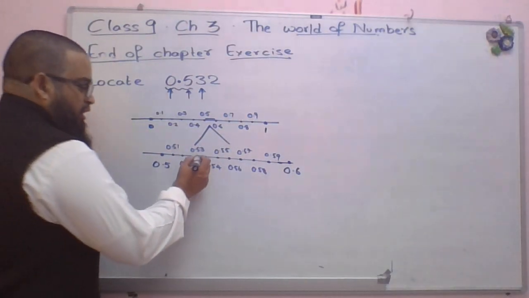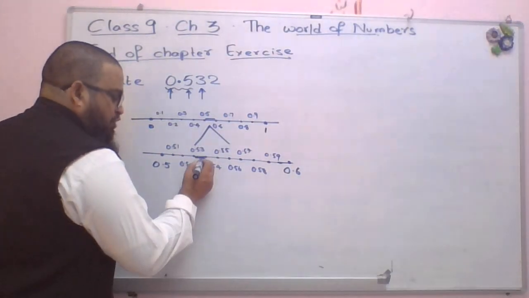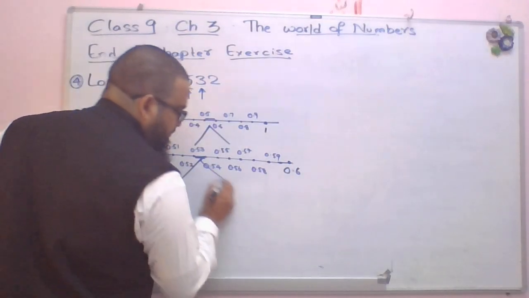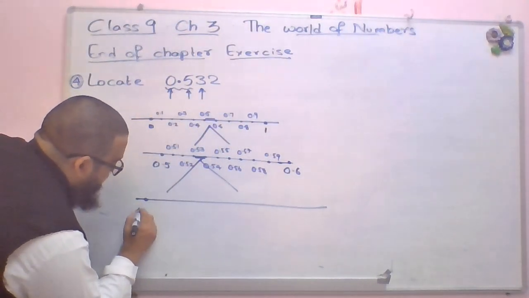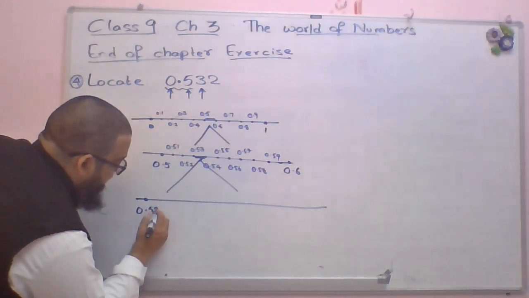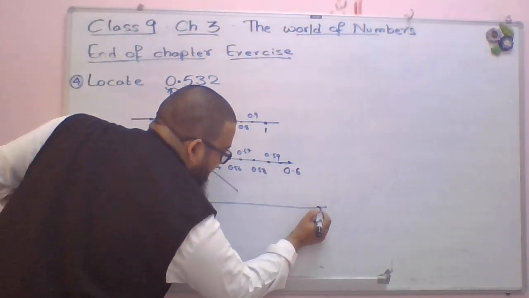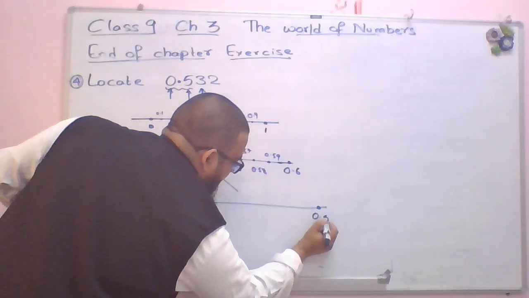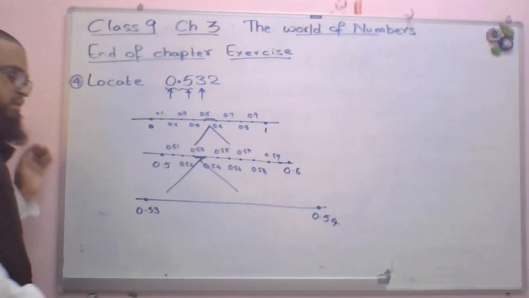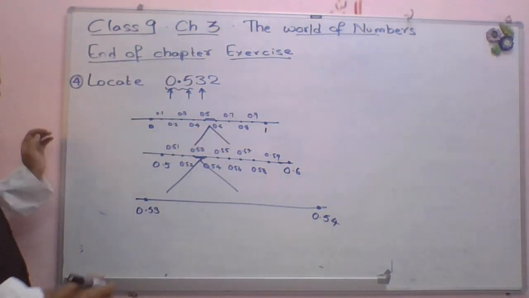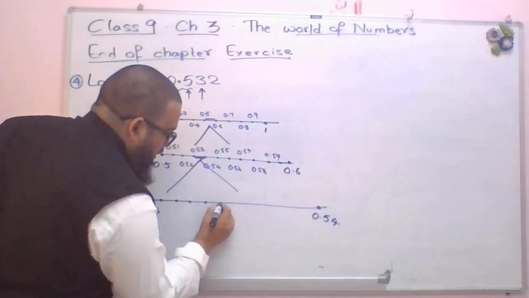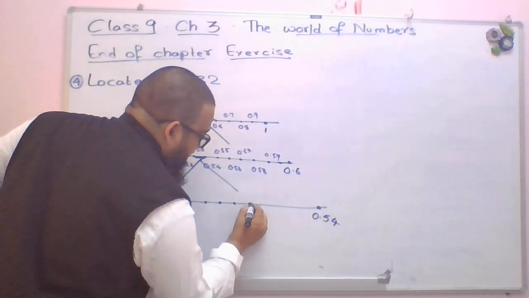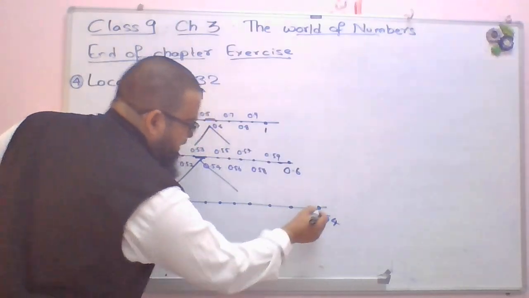So where is 0.53 and 0.54? Now magnify this and draw a number line. 0.53 and somewhere here 0.54. Now let us divide this into 10 equal parts: 1, 2, 3, 4, 5, 6, 7, 8, 9, 10.